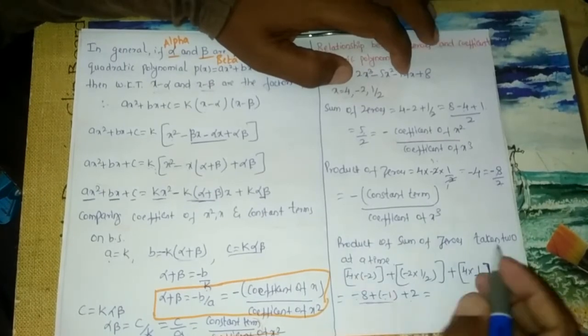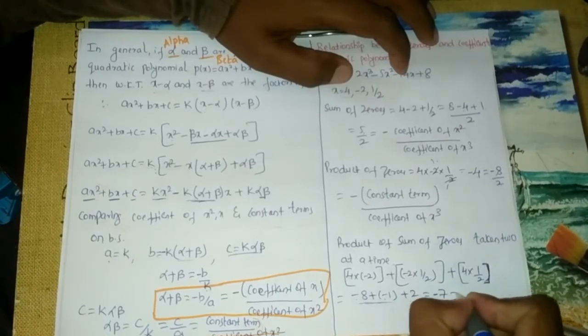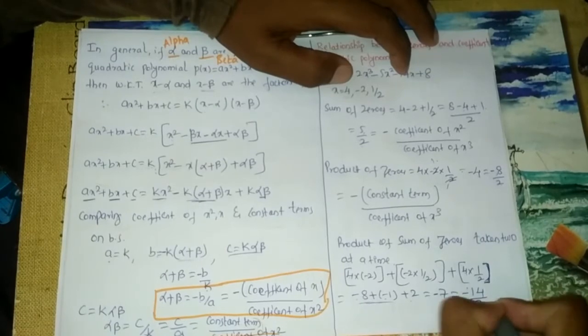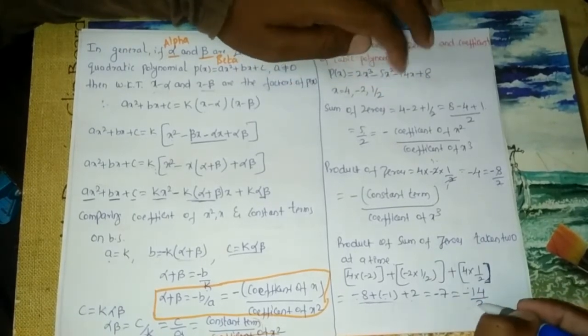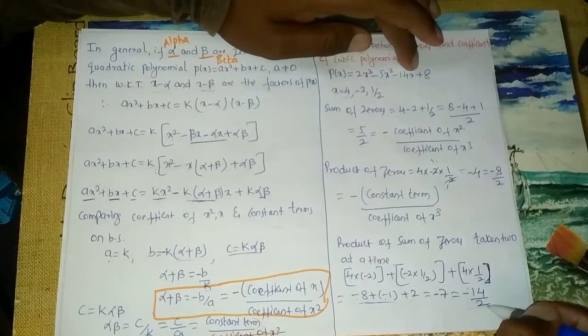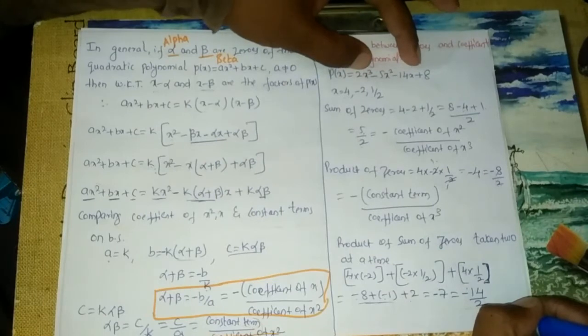Minus 9 plus 2 will be minus 7. This minus 7 I can write as minus 14 by 2. Now compare this with the given expression. Minus 14 is with x term and 2 is with x cube.